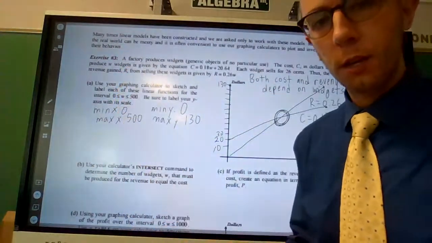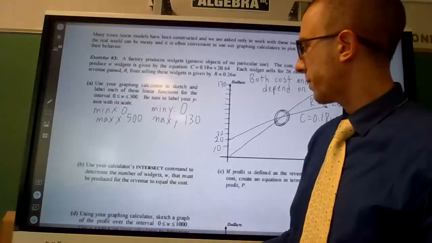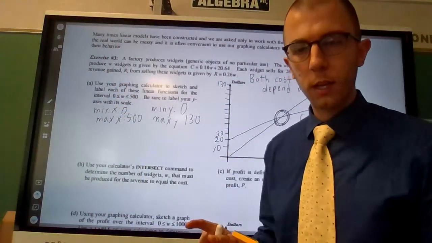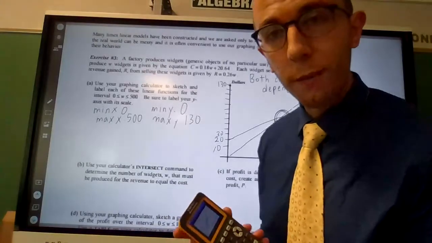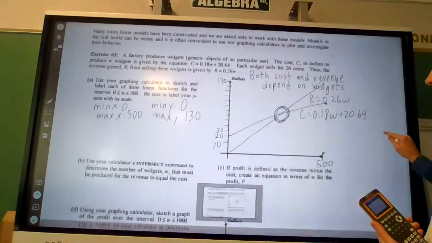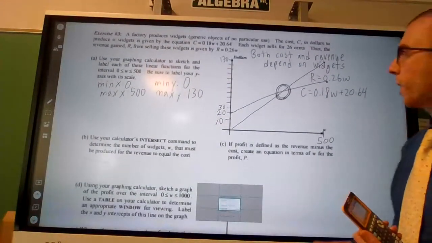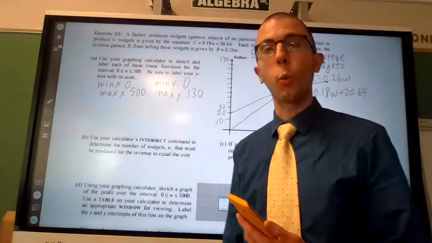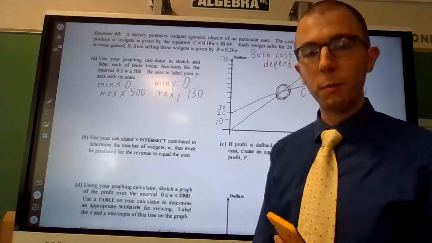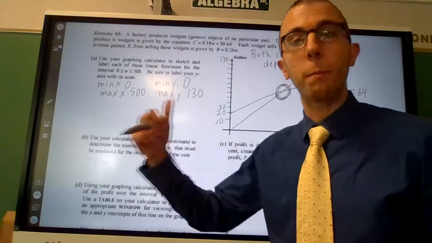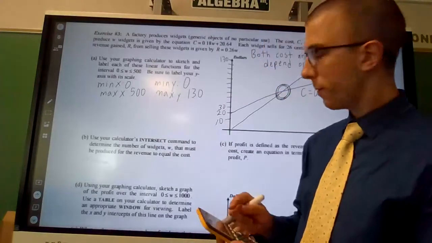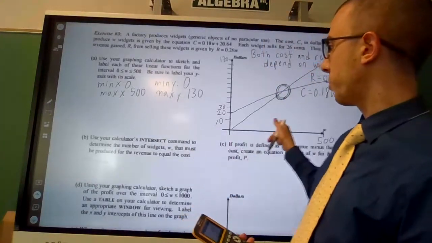And then you'll see on the bottom here, it gives you your X and your Y value for that point of intersection. But if we're wondering what's the number of widgets that must be produced for the revenue to equal the cost, are we looking for the X or the Y value? We're trying to determine the number of widgets. Okay, remember widgets are our independent variable because the cost and revenue depend on the widgets. So we're focused on the X value here.